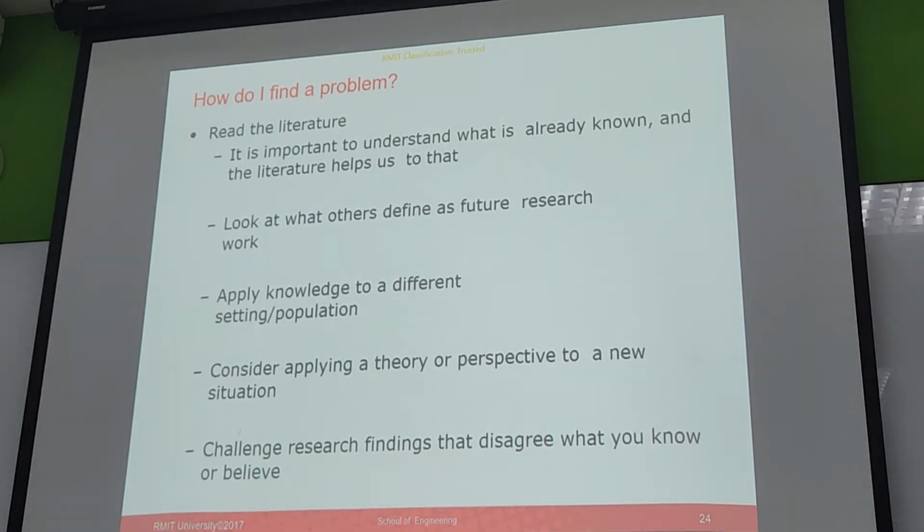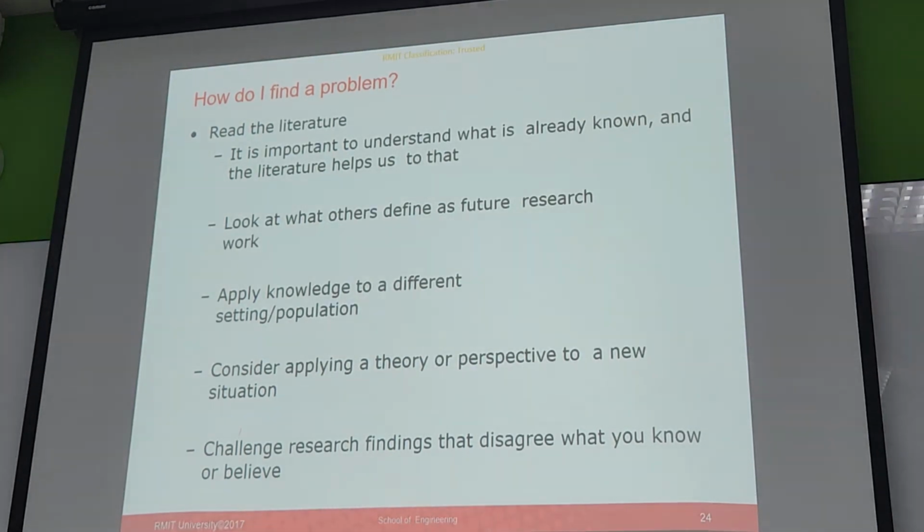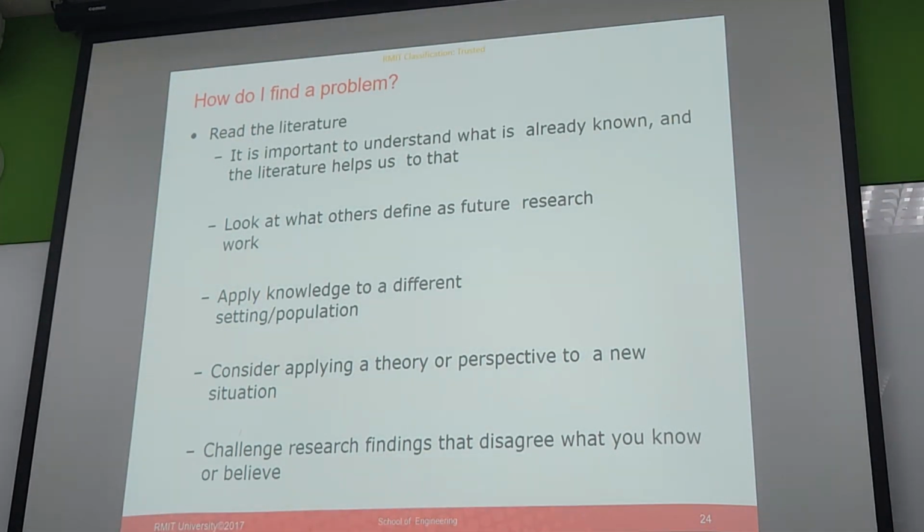I write here some of the problems. So you can find them from literature. What does literature mean? Literature comes from books, journal papers, conference papers, and you find it in the literature. Literature means background.